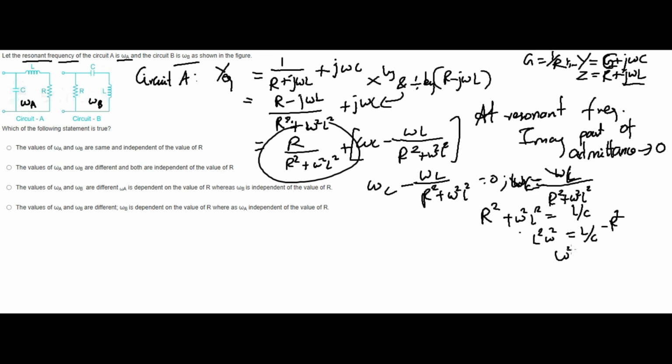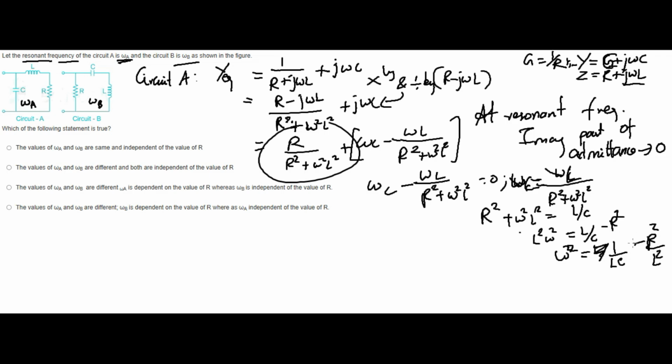Because we need omega, since they ask about omega A and omega B, we take omega. Here L divided by C, and if L square goes to the denominator, L is in the numerator and L square in the denominator, so you get 1 divided by LC minus R square divided by L square.